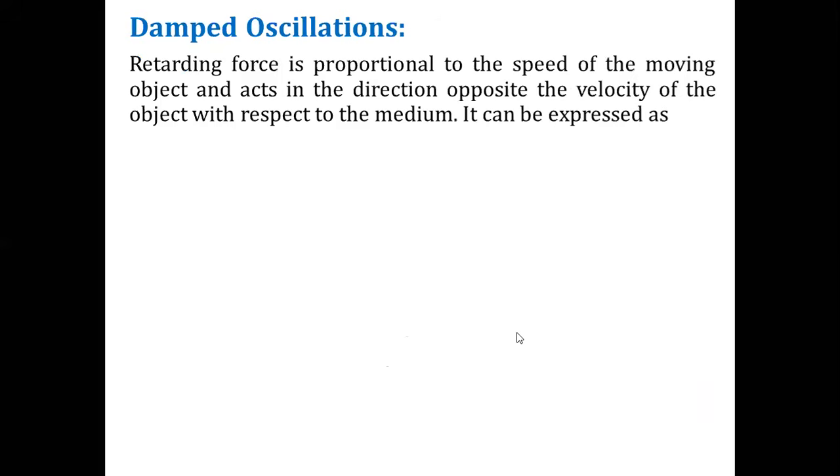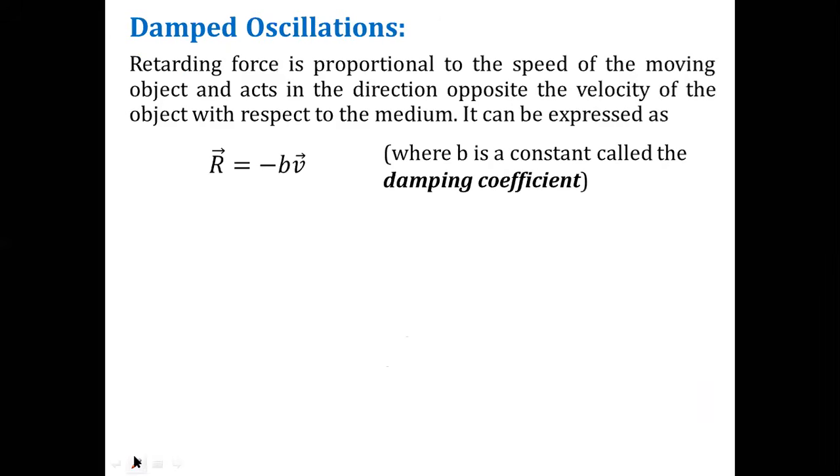Now, in the case of damped oscillations, you have some kind of retarding force that is going to act on your object. Now, we are going to make an approximation for that damping force, and we are going to say that this damping force is going to have this kind of dependence, where your damping force or the retarding force is directly proportional to the negative of velocity.